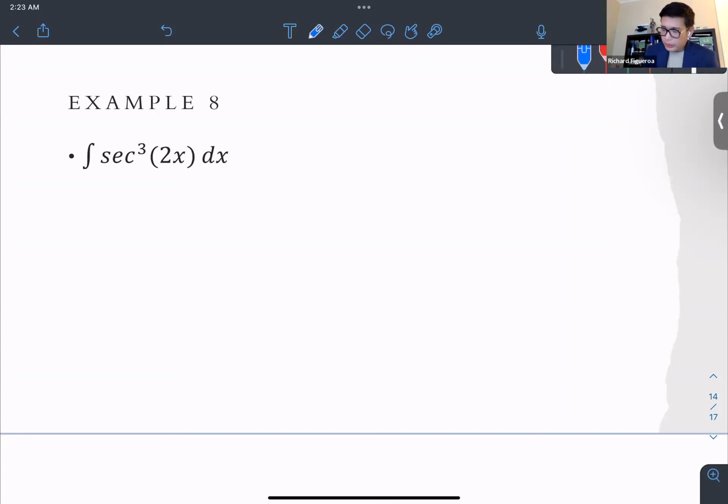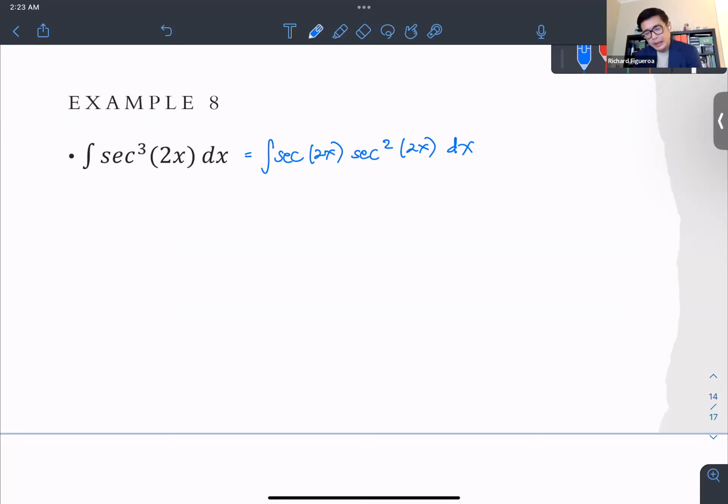So again, we transform this one into a format which is integrable. So that would be secant 2x, and then the other one would be secant squared 2x dx.